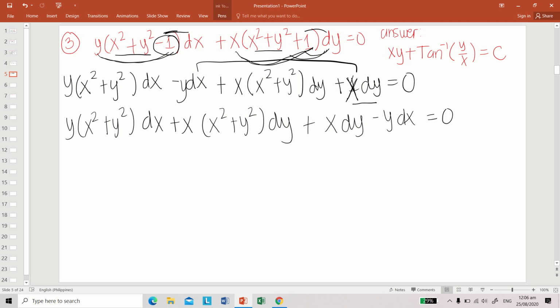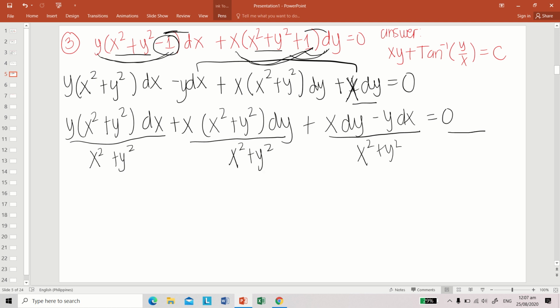So by dividing all of our terms by x squared plus y squared, so dividing all of the equation by x squared plus y squared, we're going to have x squared plus y squared, then x squared plus y squared, and also here, on the right side, this will become just 0.